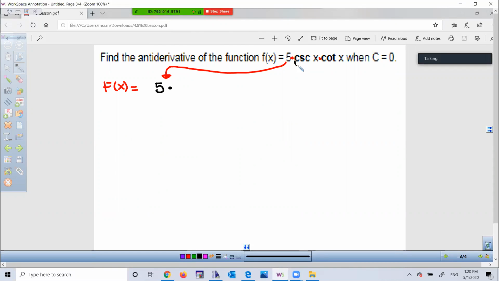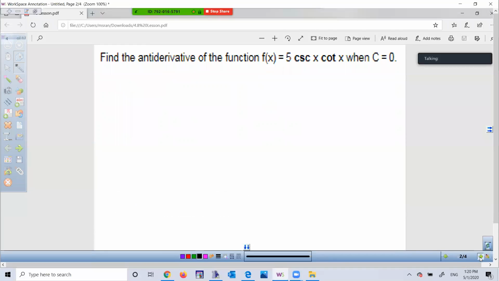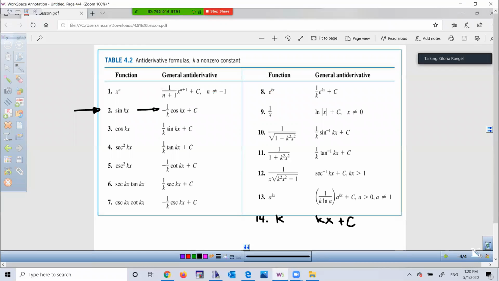Now, focus on this. Cosecant x, cotangent x. So here to the side, I'm going to write down what formula I am going to use for the derivative of something like this. Cosecant x, cotangent of x. So I go to the notes. Look for, in the 1 through 7 or the 8 through 14 column, cosecant of x, cotangent of x.